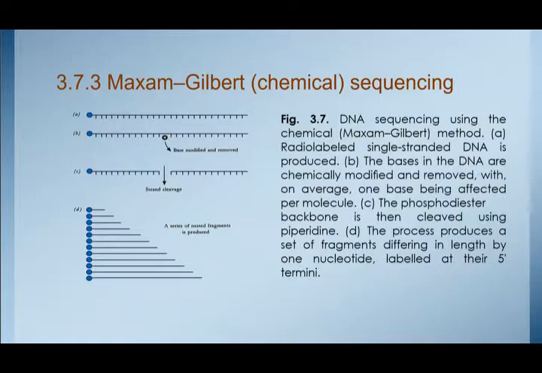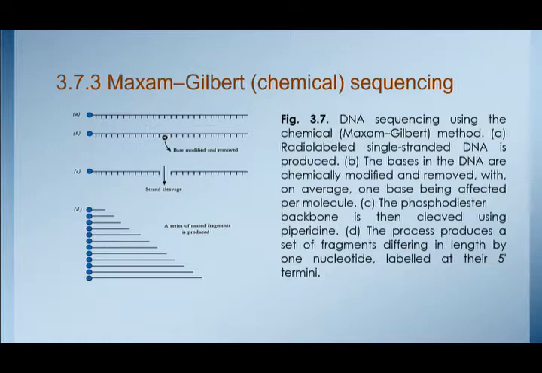The modified bases are then removed from their sugar groups and the strands cleaved at these positions using the chemical piperidine. The theory is that given the large number of molecules and the different reactions, this process will produce a set of nested fragments.